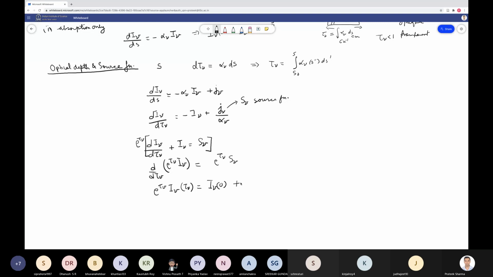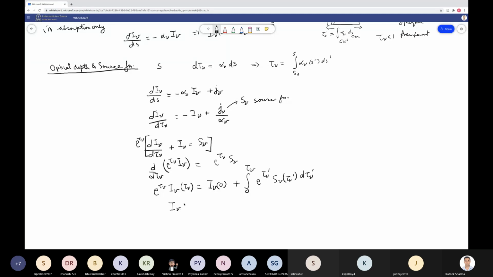So plus the integral of e to the tau nu prime, where tau nu prime is the integration variable, S nu of tau nu prime. We know S nu as a function of tau nu prime, d tau nu prime, integral from 0 to tau nu. So this is the solution. This can actually be simplified further.